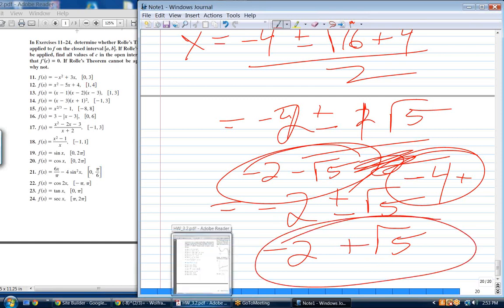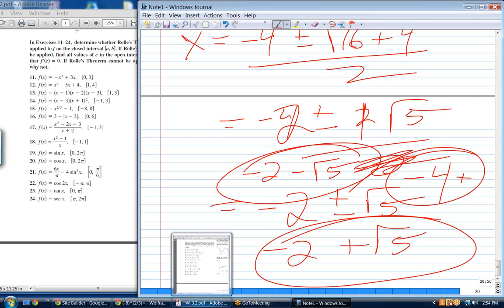I got this one in my book. Let me just check that. And this is problem 17.